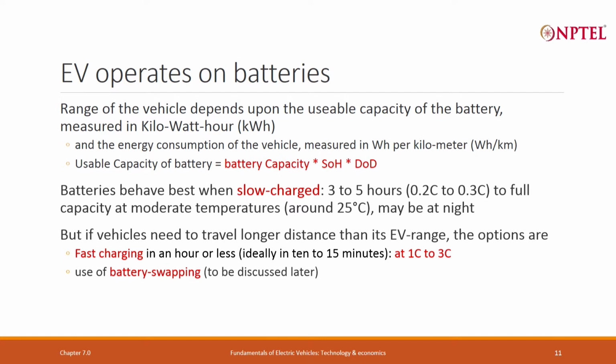Now, remember that if you have run out of battery and you are going to charge, even if you charge in 1 hour, it is not good, you have to wait for 1 hour. You can't drive to something equivalent to a petrol pump and put it on charge and wait there for 1 hour. Nobody will do that. 15 minutes, are you willing to wait? Maybe even that is not desirable.